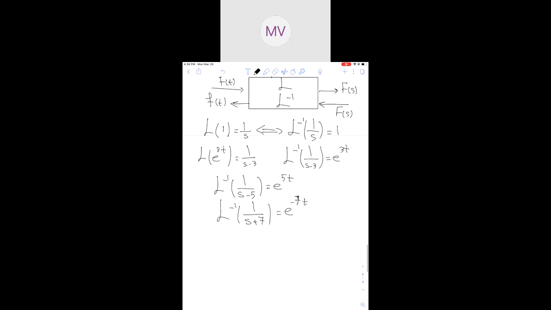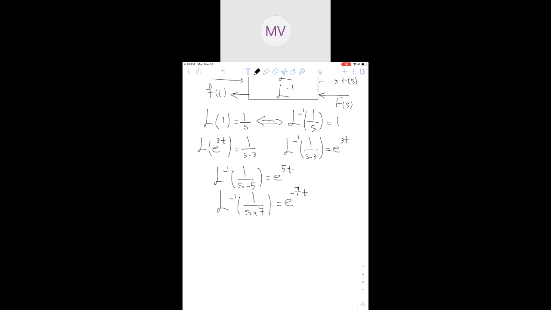And you can have the same thing for sine and cosine. We know Laplace of, for example, cosine of 2t is s over s squared plus 4, right? That means Laplace inverse of s over s squared plus 4 is cosine of 2t. Now I'm going to ask you this.